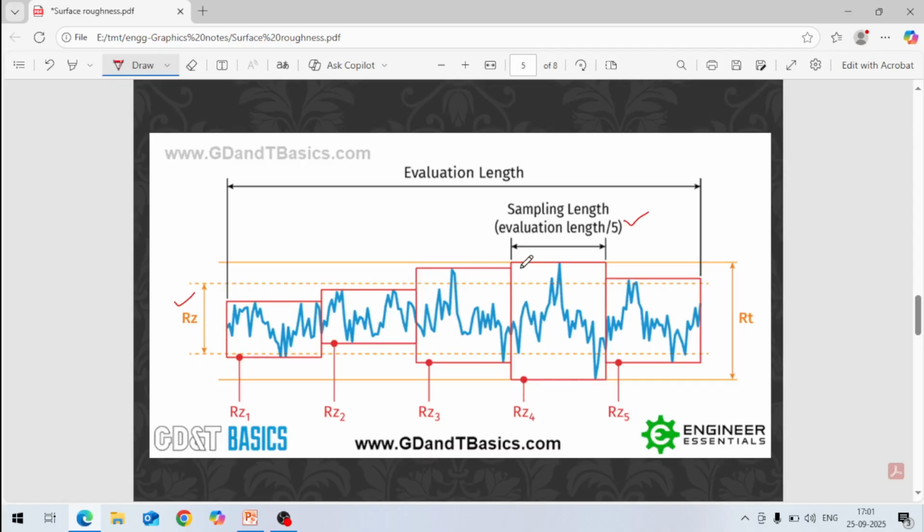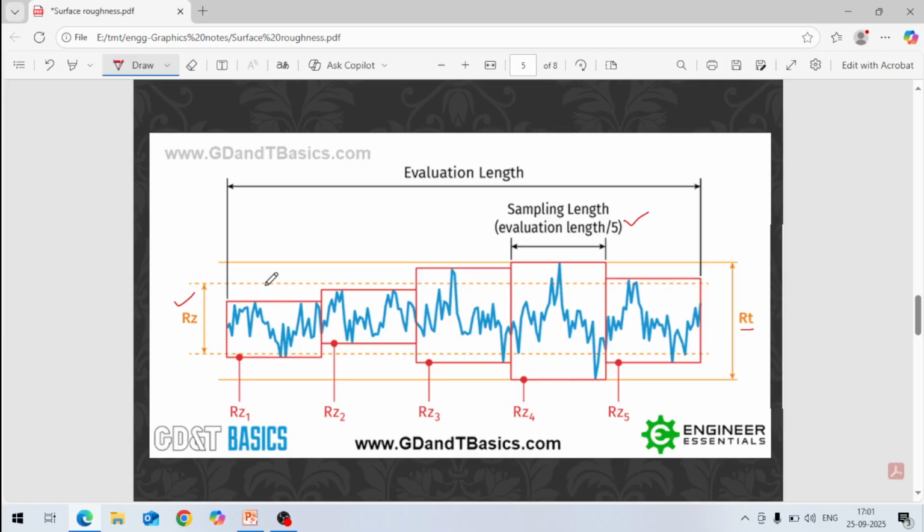In all the 5 samples we have taken RZ1. From that formula, 5 peaks and 5 valleys, we take RZ1, RZ2, RZ3, RZ4 and RZ5, and we take the average of all these. It will become RZ. So this way we calculate RZ.